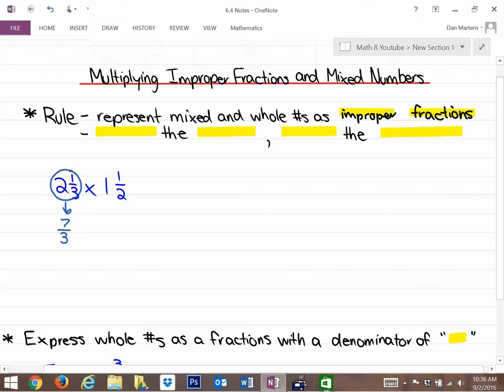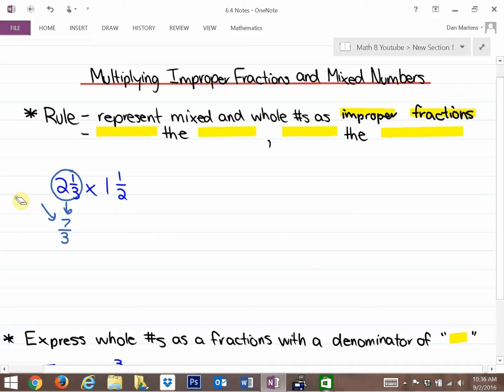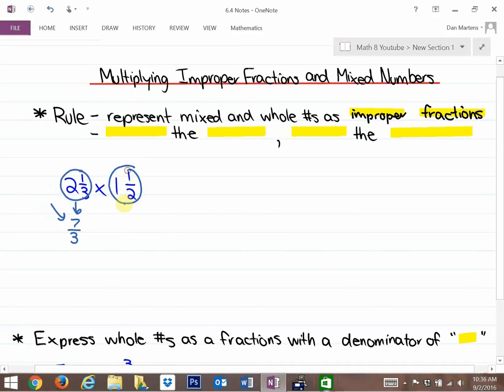If you forgot how to make these into improper fractions, you can look at some of your previous lessons. Essentially, I'm just doing 2 times 3 plus 1, right? It's two groups of 3 plus the 1 extra. That's where that's coming from. And 1 1/2 is a mixed number, and I can make that into 3/2. So step number 1, if you have any mixed or whole numbers, is to make them improper fractions.